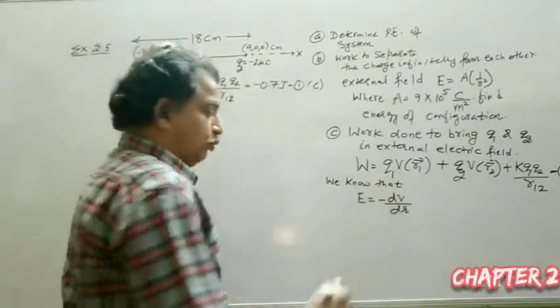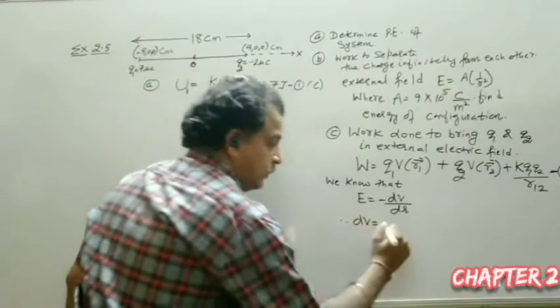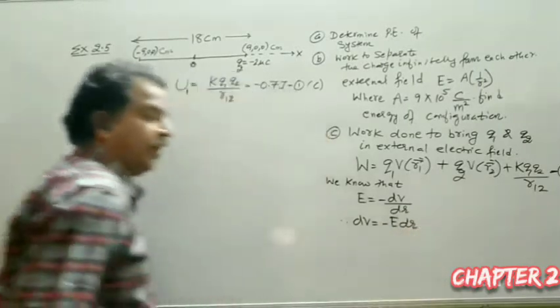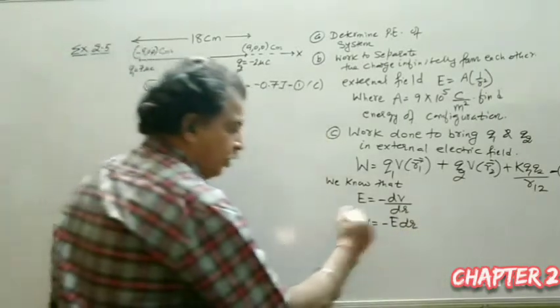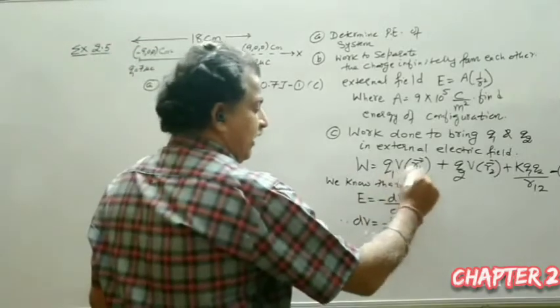I have to find out V. Therefore, dV can be written as minus E dr. Therefore, I integrate this equation so that I get VR1.